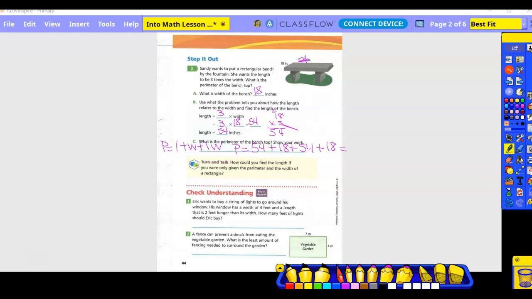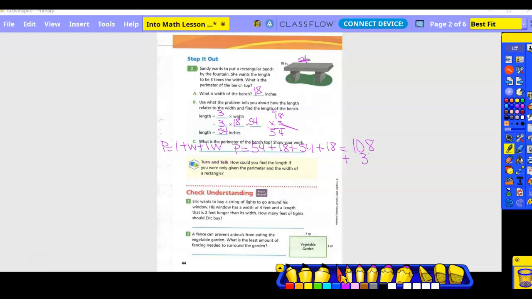Does anybody know what 54 plus 54 is? 108, plus, what's 18 plus 18? Anybody know? What's 8 plus 8, guys? Just point out your 16. 6 carries the 1. 1 plus 1 plus 1 is 3.